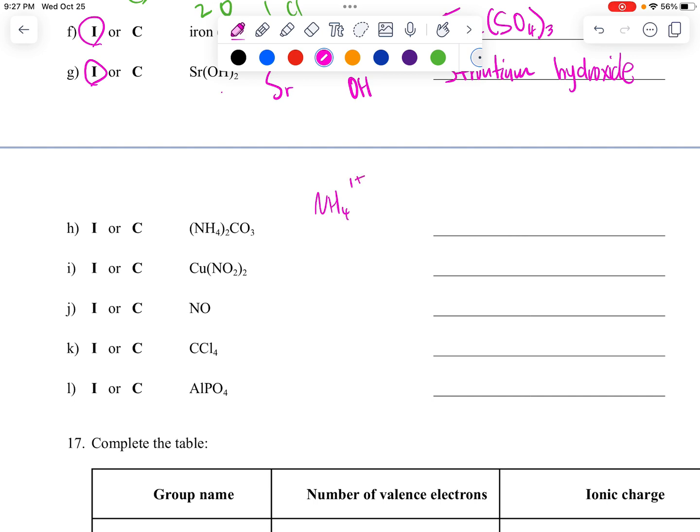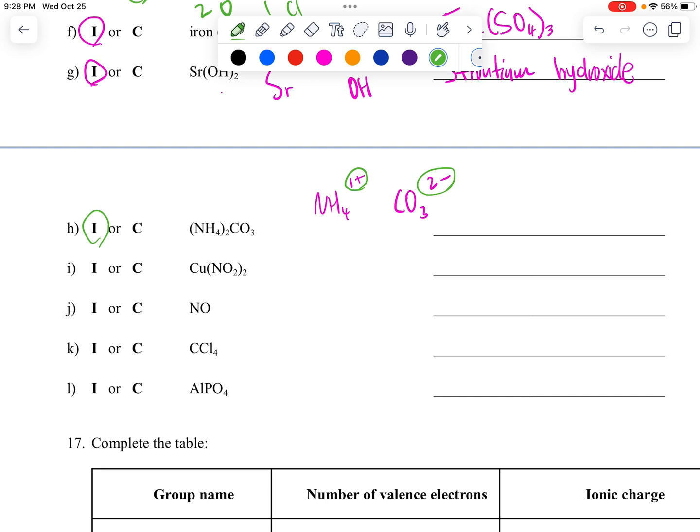And what about CO3? CO3 is also found on the back side, and that's called carbonate, CO3 2 minus. So if you look, here's a positive charge and here's a negative charge. That's between a cation and an anion, which therefore makes it an ionic compound.